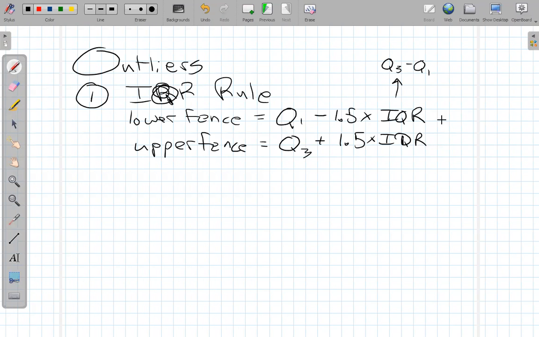So you do that calculation, you get a number, that's the low end, and then you do this calculation, that's the high end. Numbers that fall between these two are what we expect to see in most data. Any number outside of this range is an outlier.